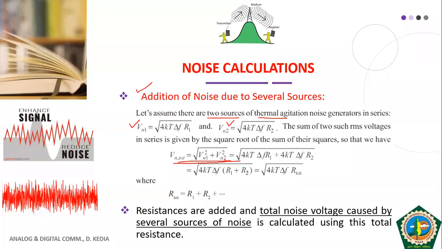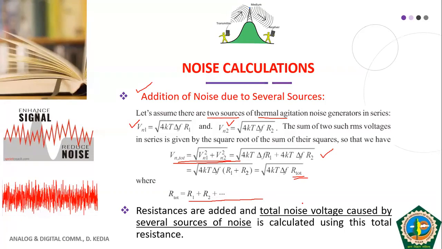If it is more than 2, that is 3, 4, then we'll have Vn1 square plus Vn2 square plus Vn3 square and so on, under the root. So we substitute the values of Vn1 and Vn2, and we get this. Your total resistance that we obtain here is equal to R1 plus R2 and so on.